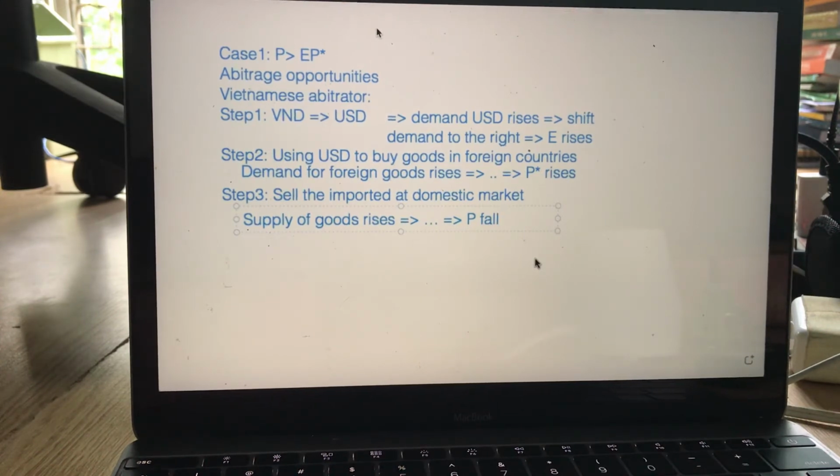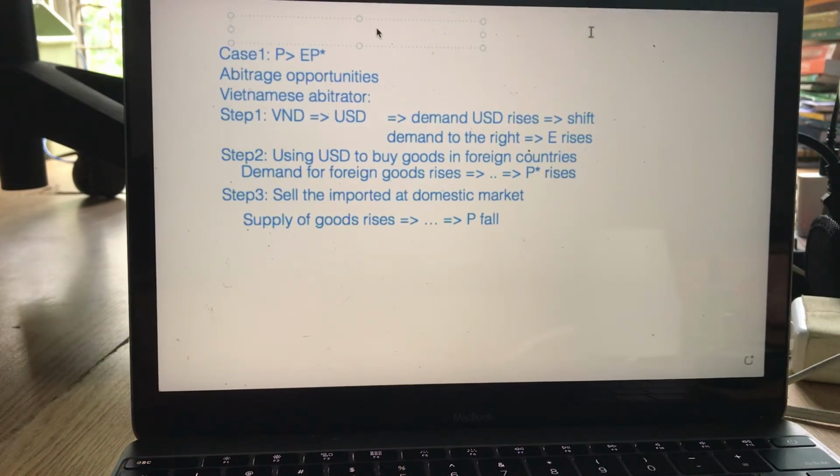Okay, and here I assume that we are in the floating regime. If we connect this part with the knowledge we studied in chapter 3, we consider whether we have the fixed exchange rate regime or the floating exchange rate regime.